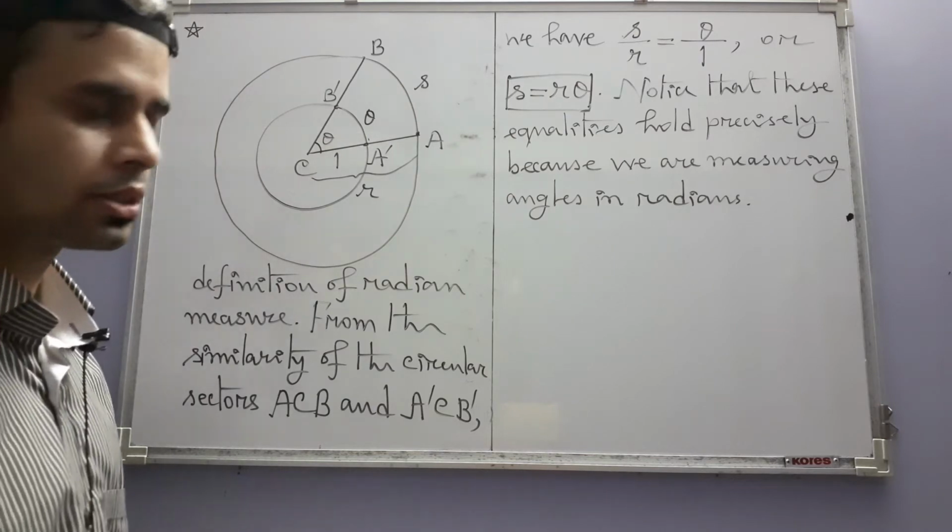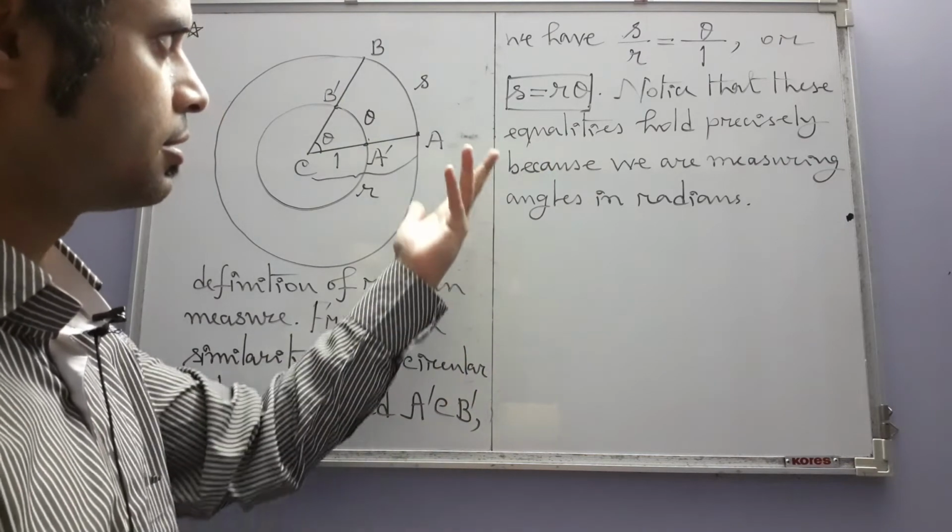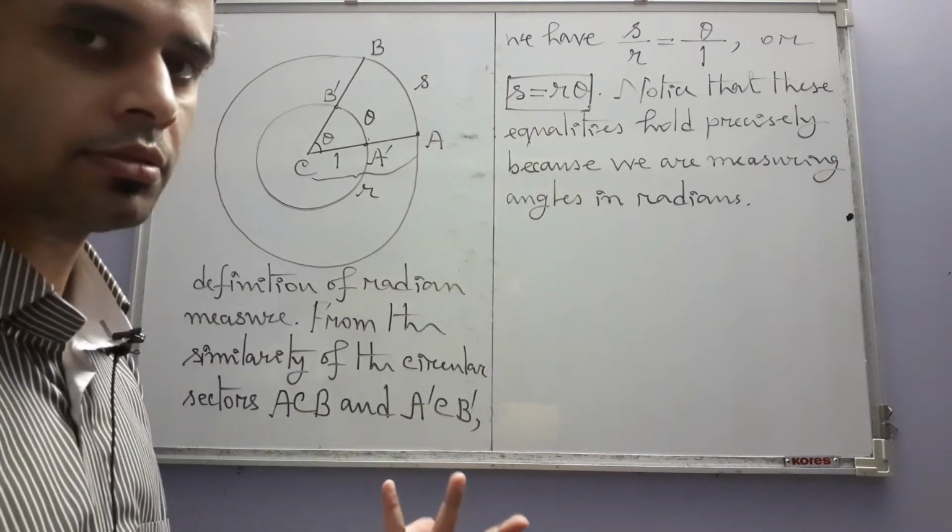Because the radian measure has in its definition an arc length, that's why these very convenient relations work.